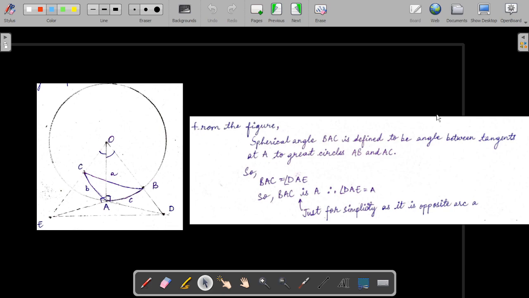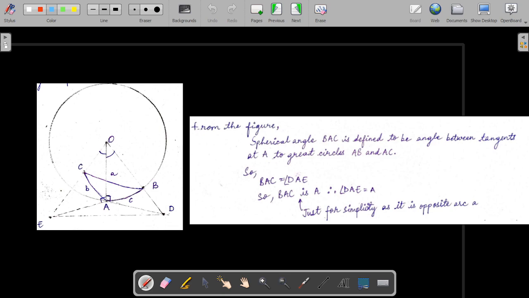So we start by deriving the formulas for the spherical triangle. We first drew the circle on this paper as our sphere, and we drew 3 points and connected them with these arcs A, B, and C. Now we drew two tangents from A, one tangent to the great circle passing through AC. I have defined the great circle in the previous lecture.